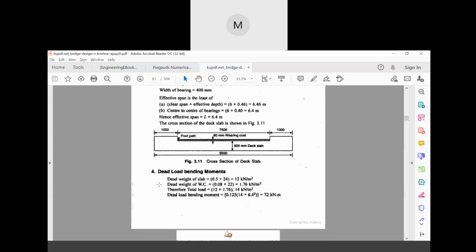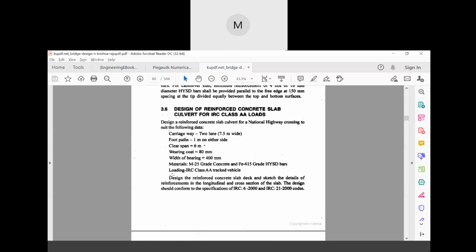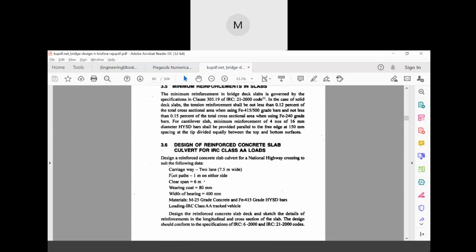Because if you see here, the dead weight will be 25 into 0.5, which is 12.5, right? And here it is 12. So 0.5 kilonewton per meter square, it doesn't matter much.